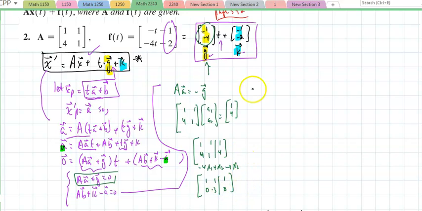This is telling me that vector A is actually 0 right there. And if I put a 0 right there, that means a2 equals 0, and a1 equals 1. I got A. All I have to do is find B, and I'm home free. And that's really all the work there is.